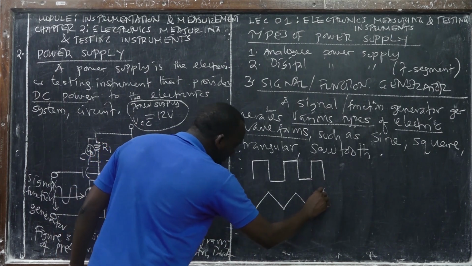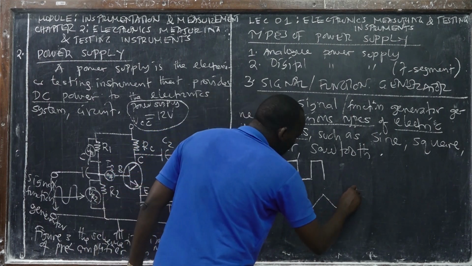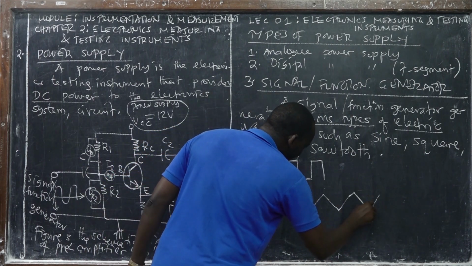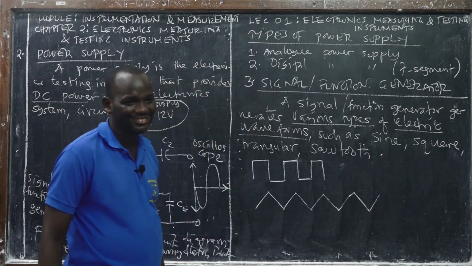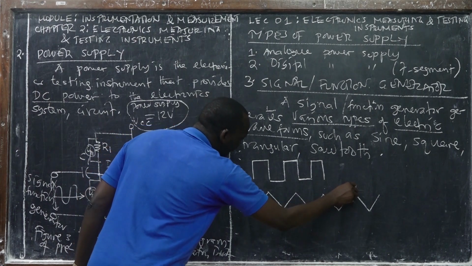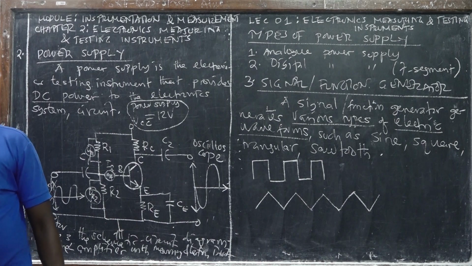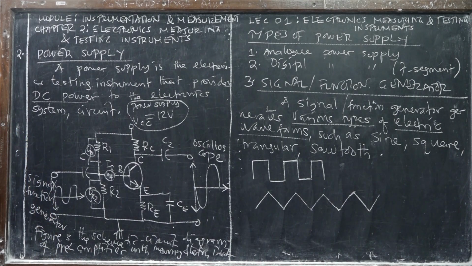And do you know that all these waveforms, we obtain them in Fourier series. We find these waveforms by using a mathematical model called the Fourier series.